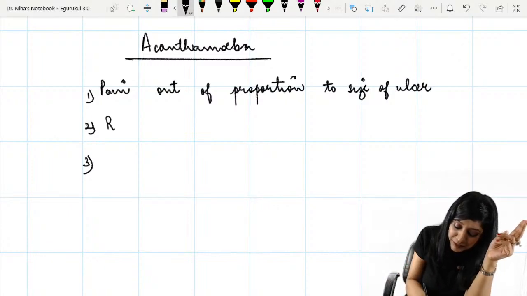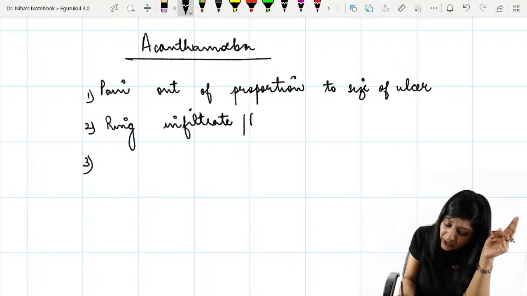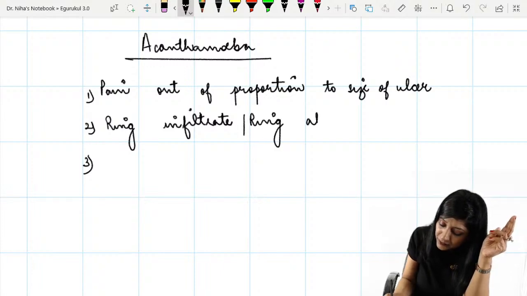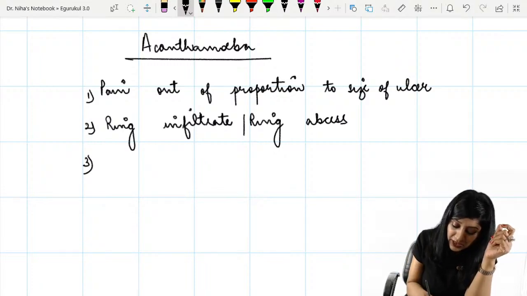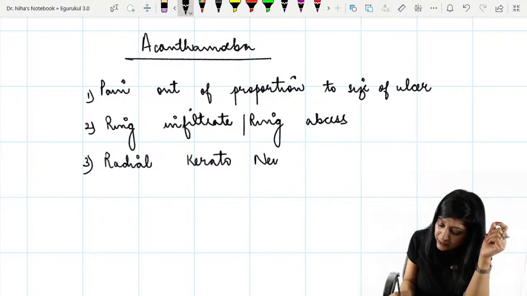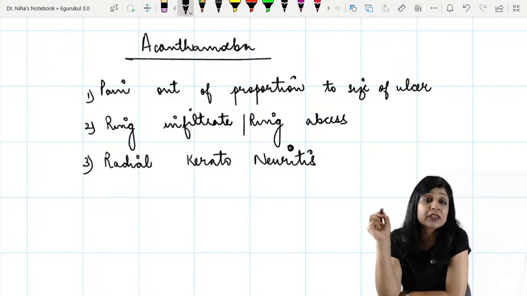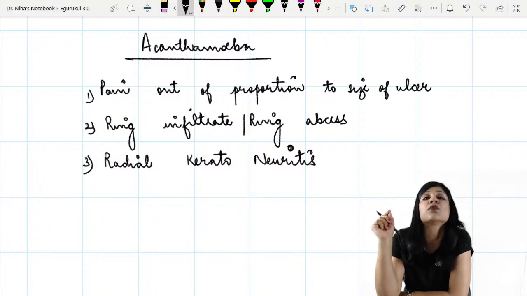Number 2, you will have the ring infiltrate or the ring abscess. And number 3, you will have radial keratoneuritis. These are the 3 important things that you are going to have in a patient of acanthamoeba keratitis apart from the use of contact lenses.